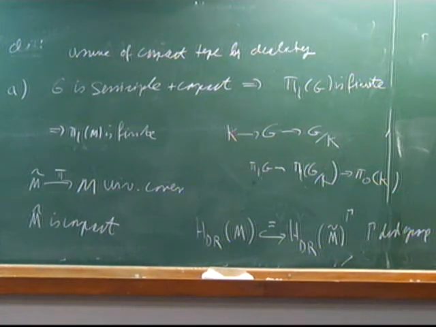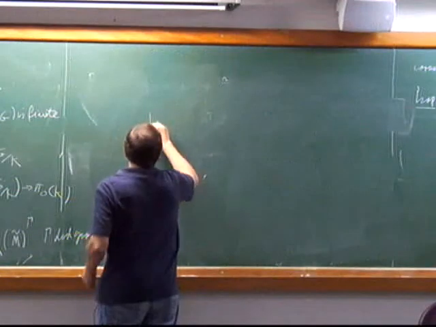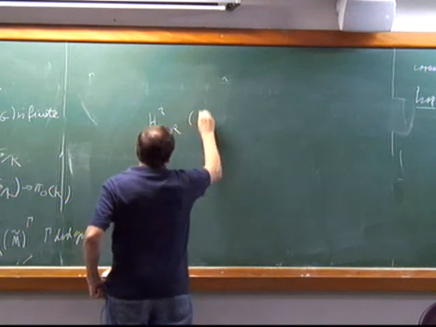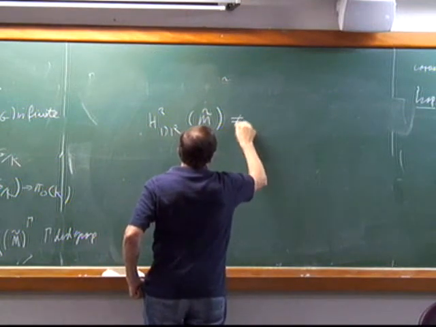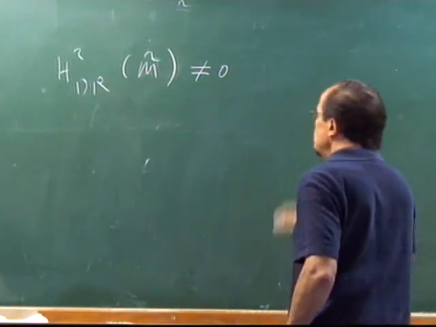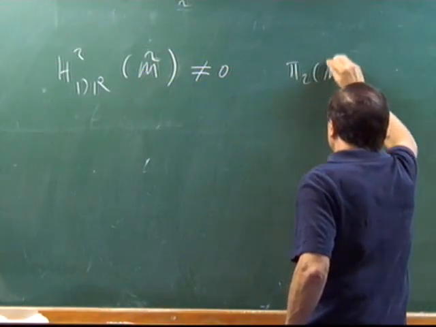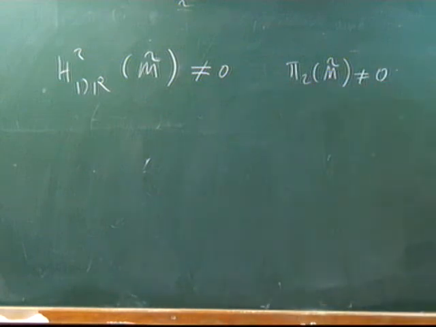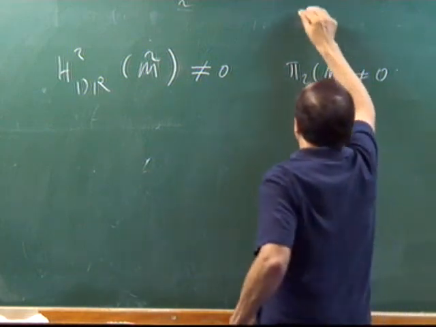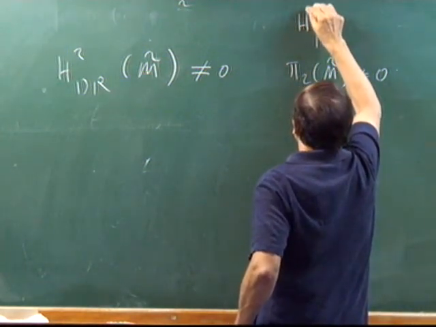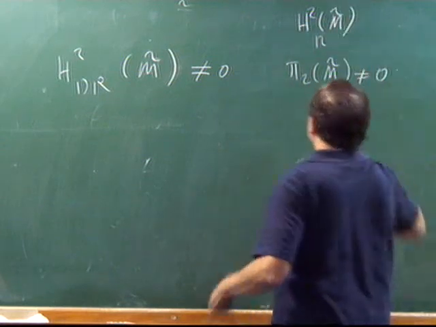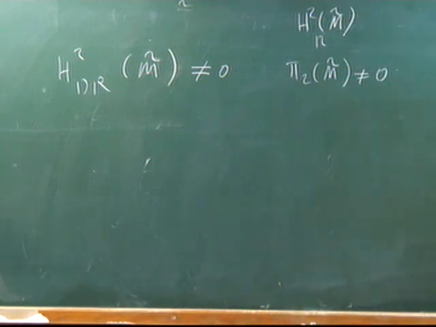It's a nice exercise. In our case, all I need to know is that the second de Rham cohomology of M tilde is also non-zero. Which means that pi 2 of M tilde is non-zero, because M tilde is simply connected, by Hurewicz. Right now I'm using Hurewicz. Pi 2 is isomorphic to H2 for a simply connected manifold. Why?